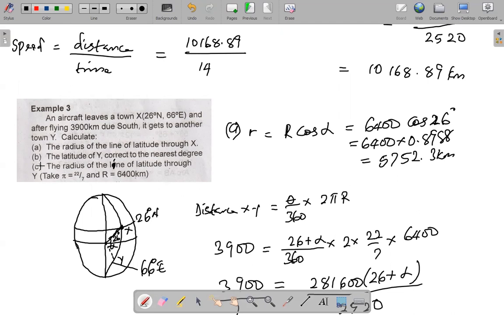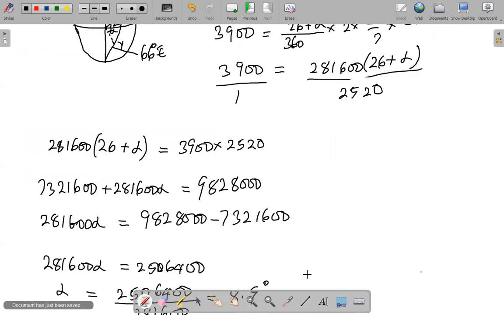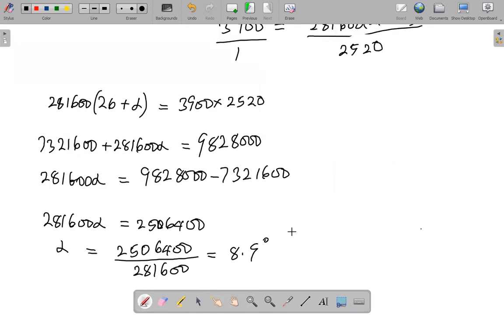And then the latitude of Y, correct to the nearest degree: our calculation gave 8.9, so correct to the nearest degree will be 9 degrees.